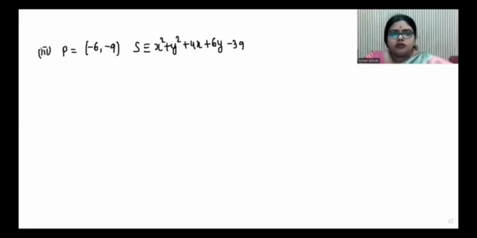Take the next question. Third bit, P is equal to (-6, -9). S is x² + y² + 4x + 6y - 39. Here we need to find the equation of tangent. So first let us write down the given point.